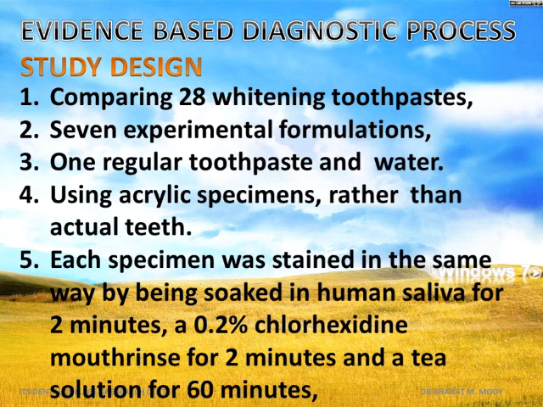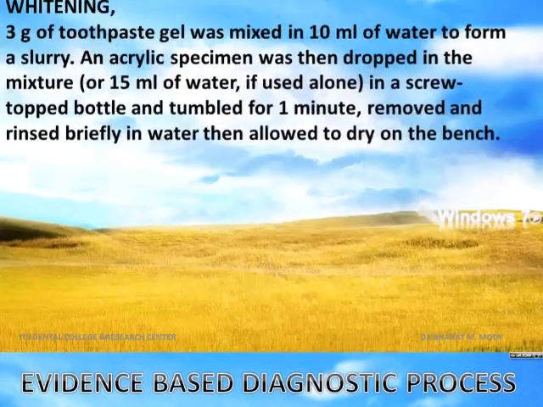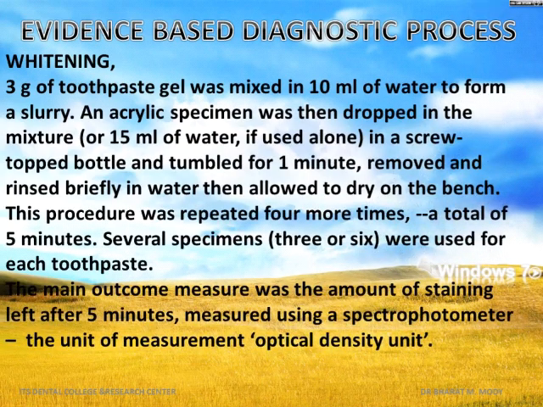Acrylic specimens were used, and they were soaked in human saliva for 2 minutes, and then in 2% chlorine, and then the whitening was checked. Toothpaste was then applied. This is the methodology. So if you go through the methodology in evidence-based education, you will know whether it is introducing any bias or not.